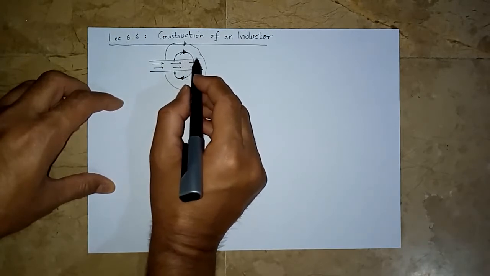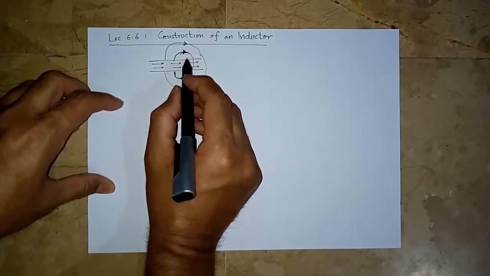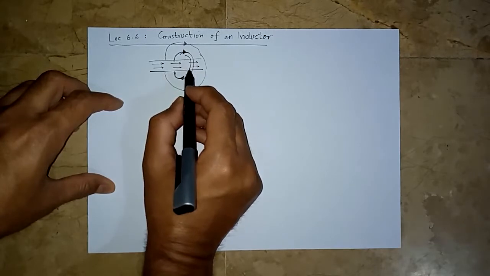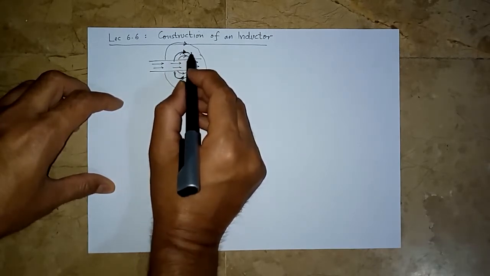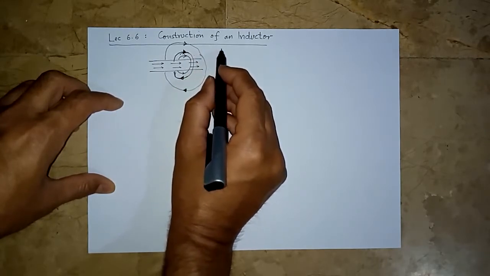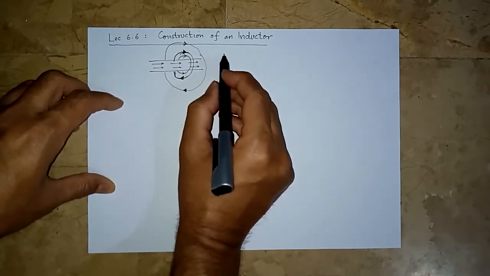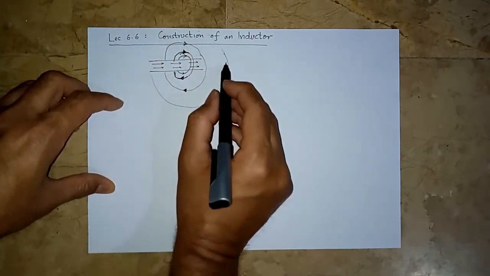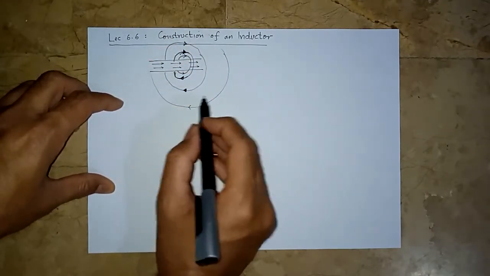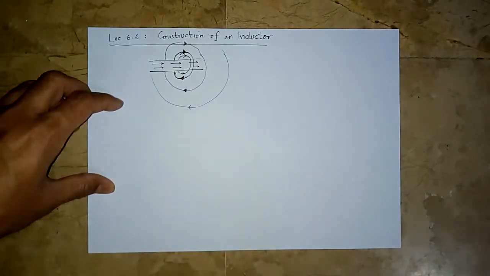We draw this by drawing lines of force closer to each other to indicate a strong field, and as we move away, we space the lines more and more to indicate that the field gets weaker and weaker.